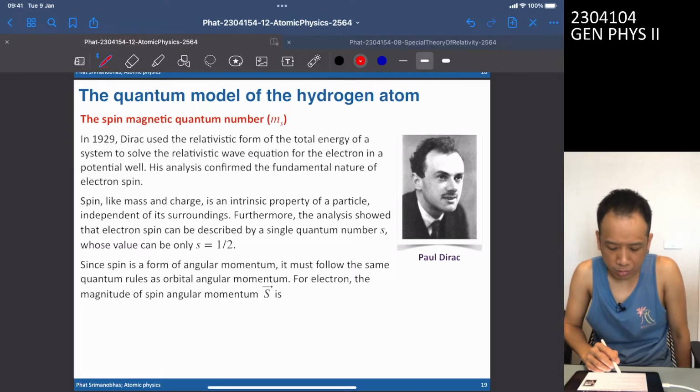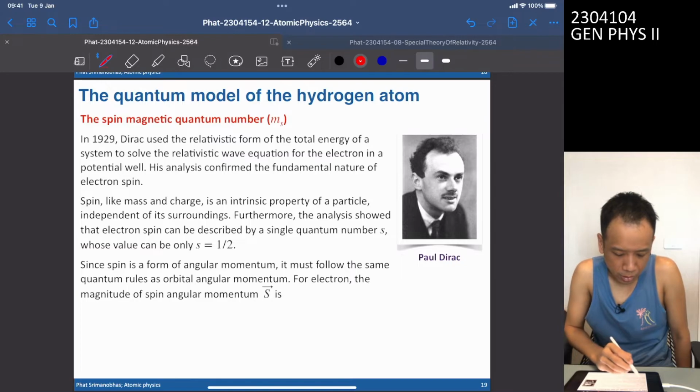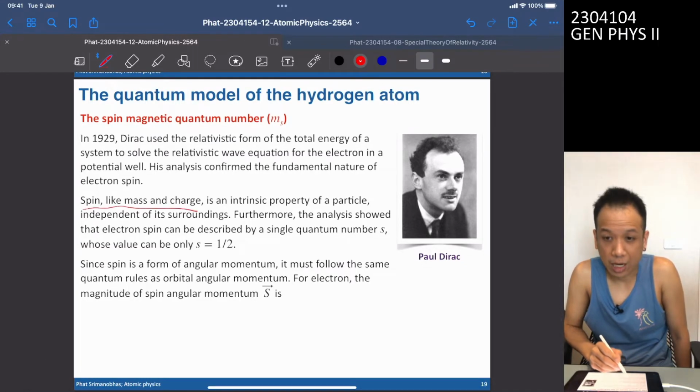His analysis confirmed that spin is a fundamental nature of the electron, a fundamental nature of the particle. So spin is like mass or charge. It is born with the particle. That's what we call an intrinsic property.